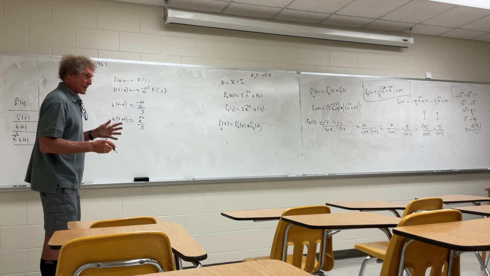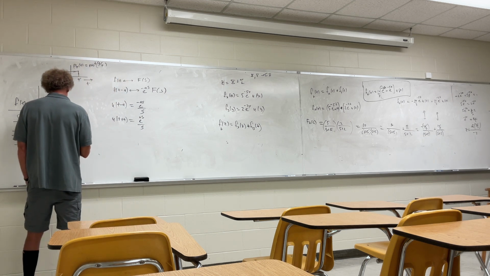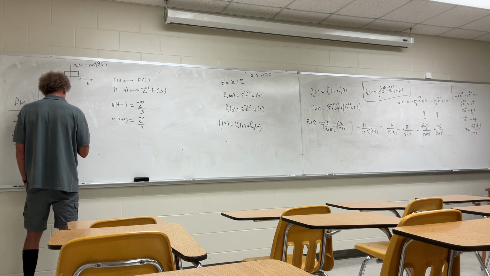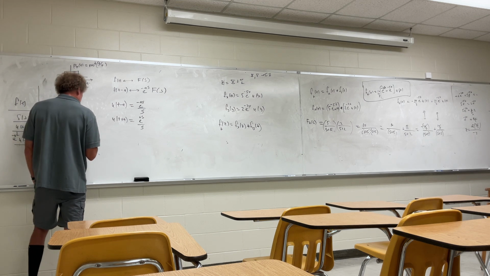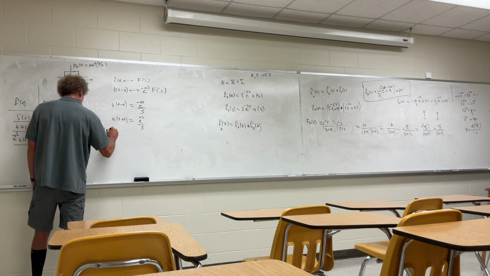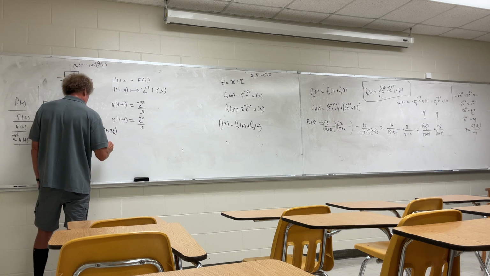Okay. Now, if you take a look at the pulse function, or p tau of t, this is going to be equal to u of t plus tau over 2, minus u of t minus tau over 2.